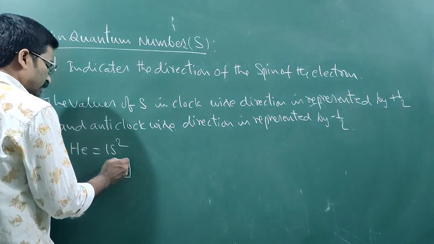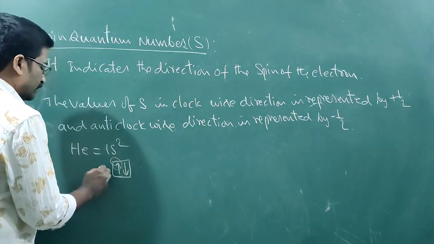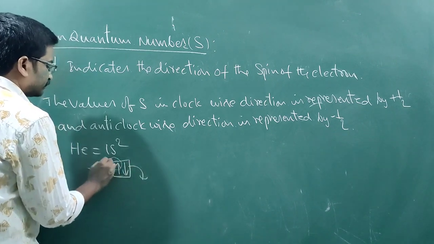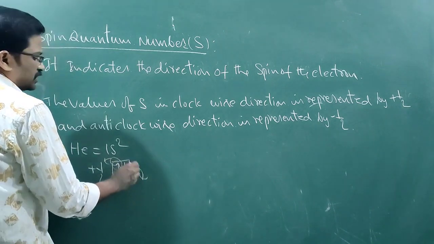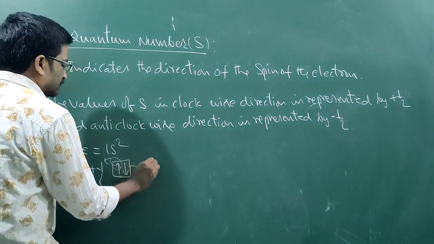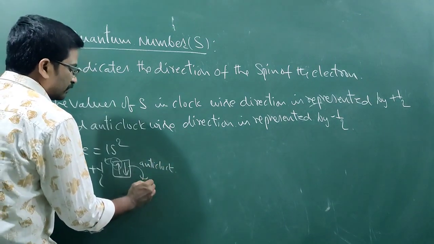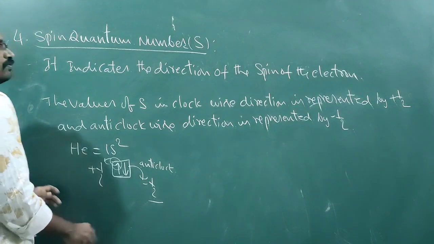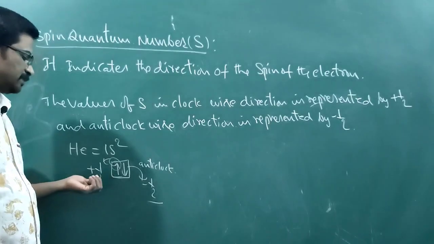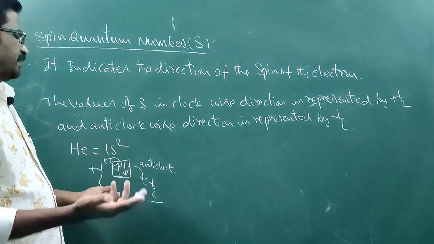The upper one is in the clockwise direction, represented by plus half. The other one has the opposite spin, anti-clockwise direction of spin, treated as minus half.